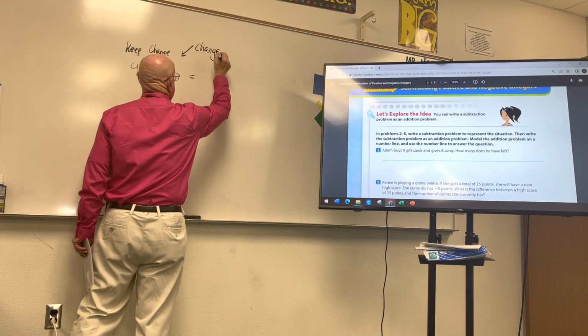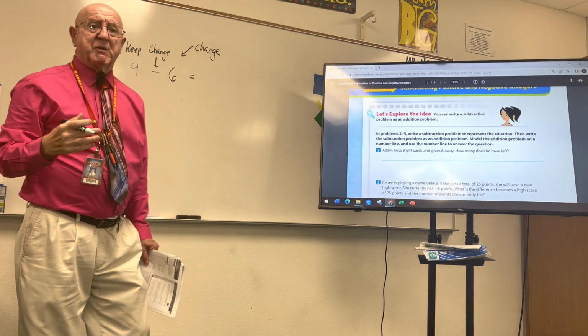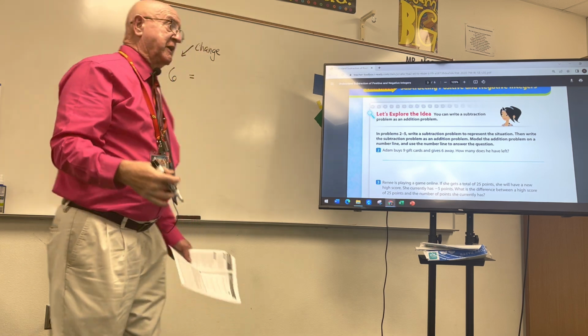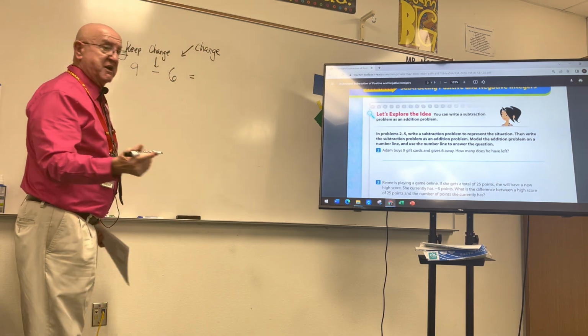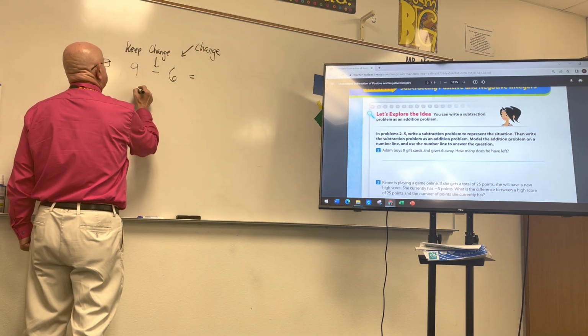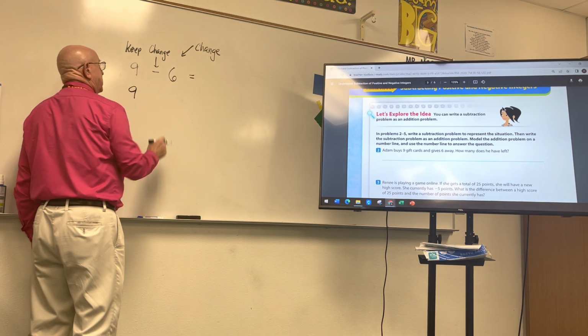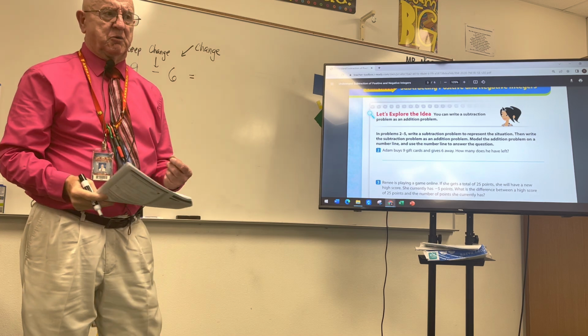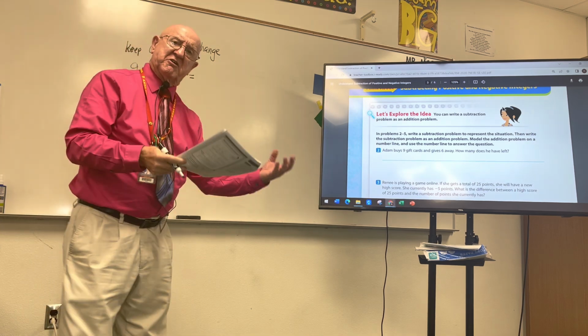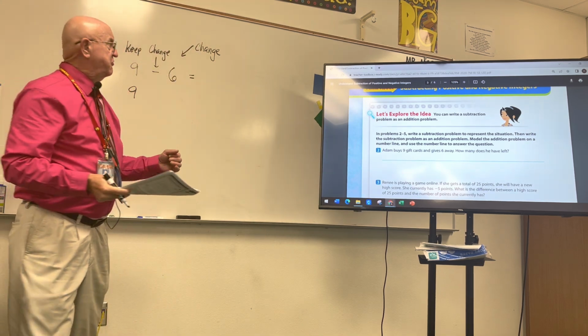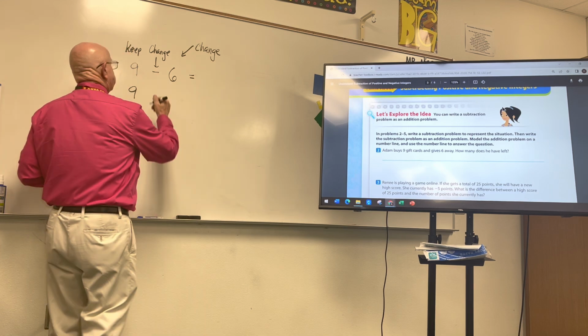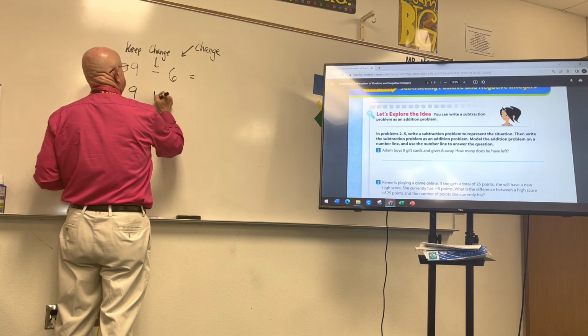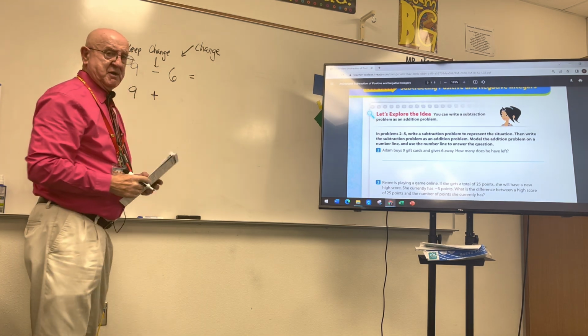So in order to rewrite this as an addition problem, we keep the first number, which is +9, so we're going to keep that 9. We're going to change the operation to its inverse operation. Well, we've already determined that addition and subtraction are inverses, so if I'm subtracting, I need to change that to its inverse, which is to add.